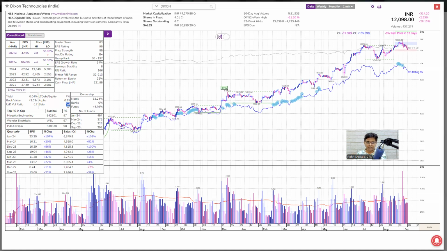So let's say this number is 1. If this number is 1, then the performance of the stock and the performance of the index is the same. But if this number is more than 1, then that means this stock is more volatile than the index. Because if this number is 1.4 and the index falls 10%, then this stock will fall 1.4 times 10%.